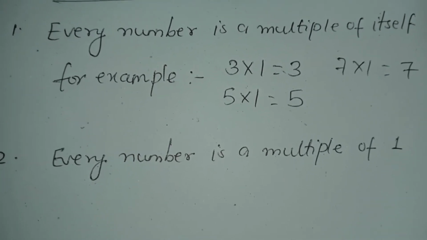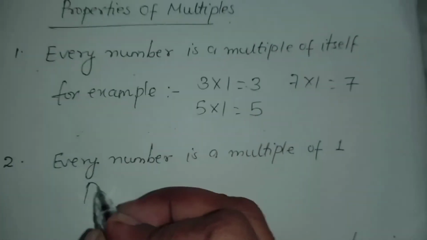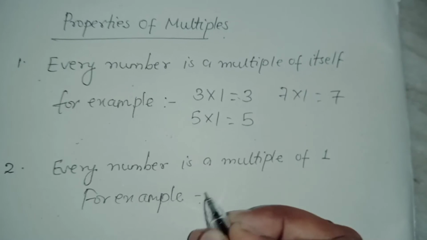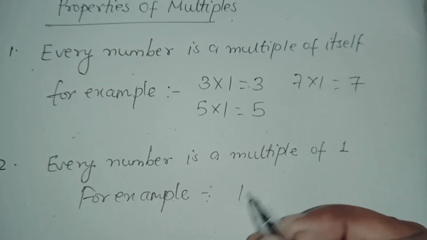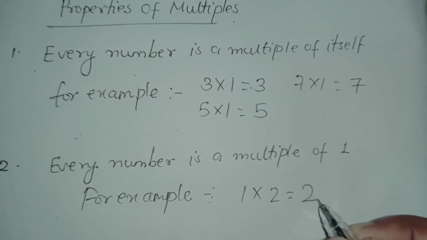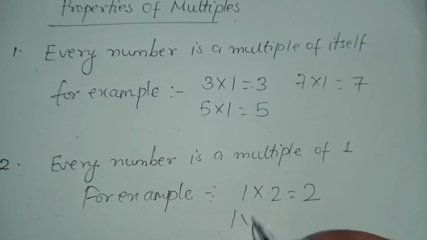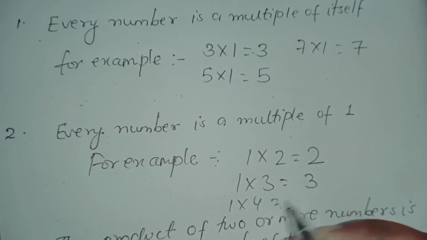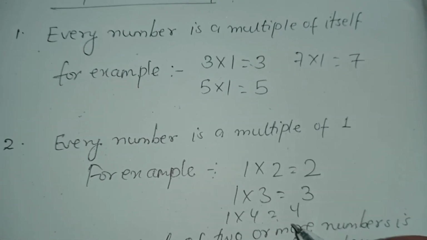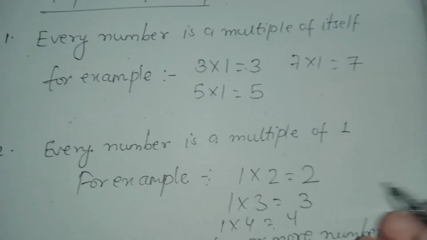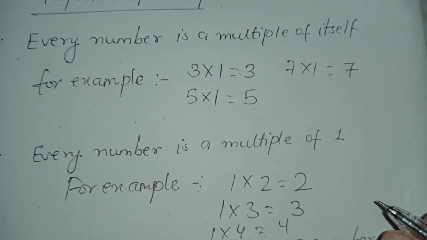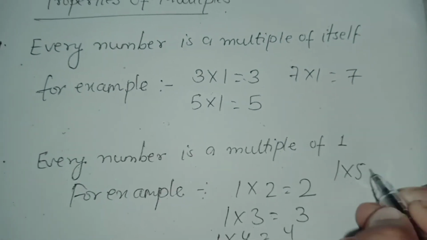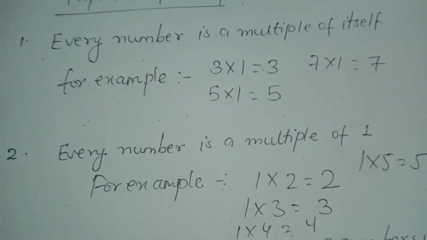For example, 1 2 ja 2, 1 3 ja 3, 1 4 ja 4, 1 5 ja 5, and so many more. So every number is a multiple of 1.